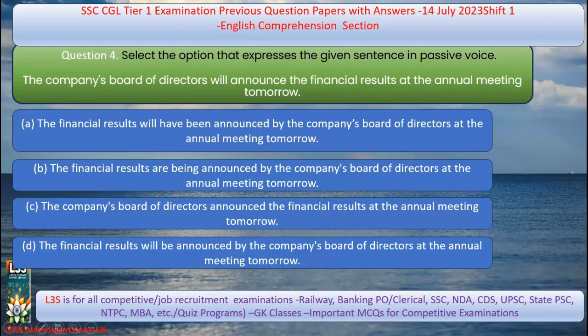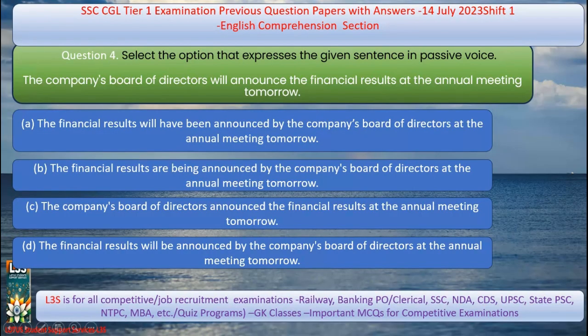So here if we see all the options, first option, the financial result will have been announced by the company's board of directors at the annual meeting tomorrow. So it is in the future tense. The company's board of directors will announce the financial result. So will have been is not correct.